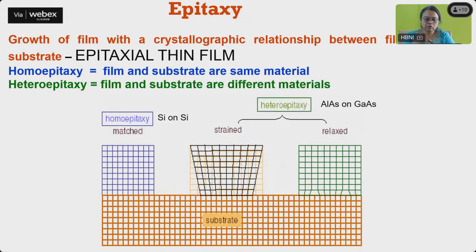Now, in all these things, like I said in the first slide also, the kind of films we can deposit depends on the substrate.